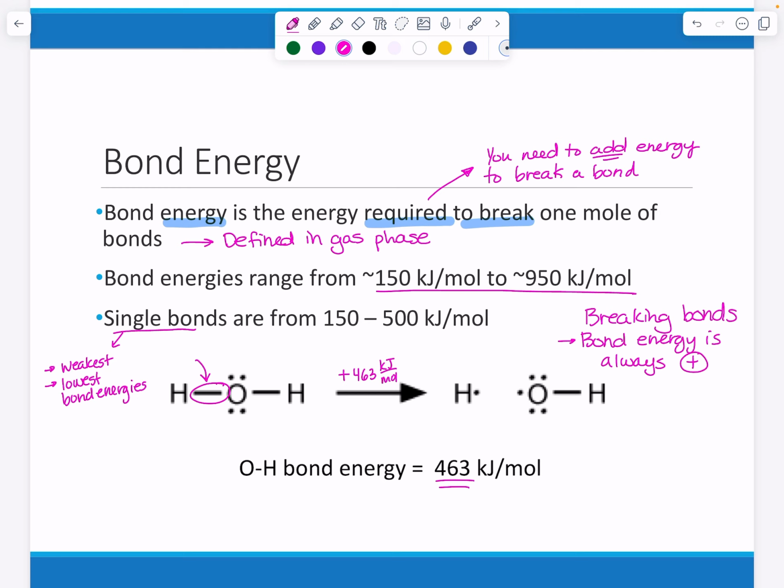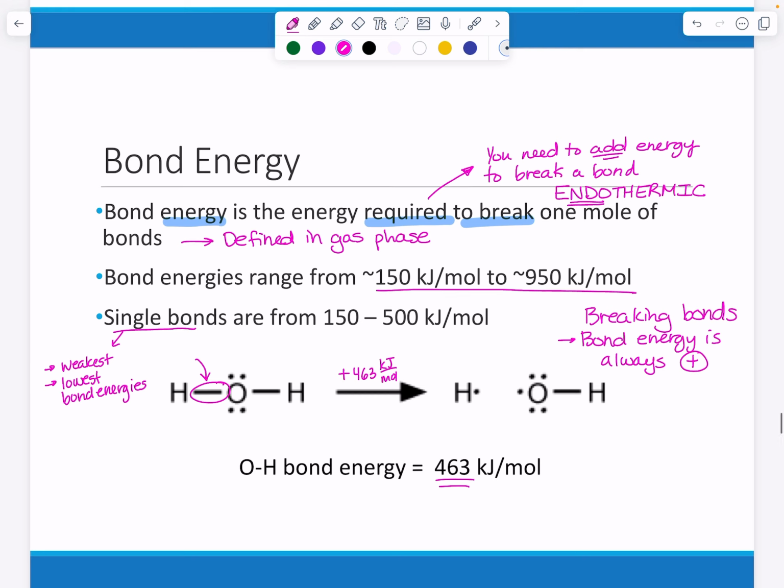When something is positive, when we have to put energy into the system, we call this an endothermic process. Endo means putting into, thermic means energy. So the term for when a system has to take in energy for a process to happen is endothermic. That's a little preview of what we call thermochemistry.